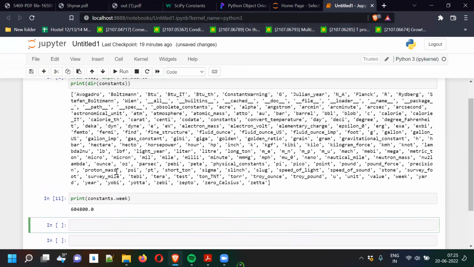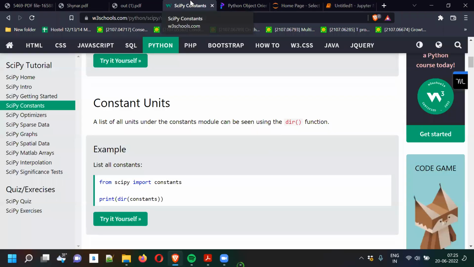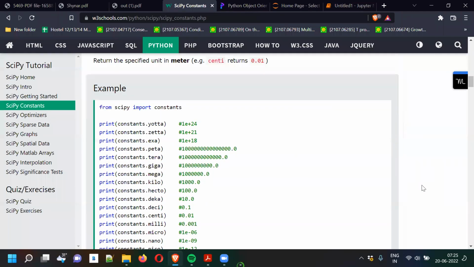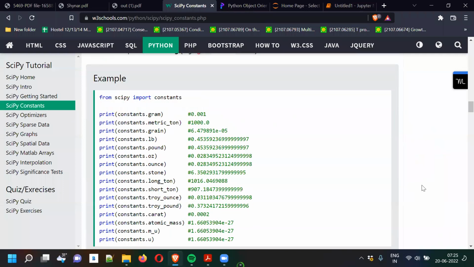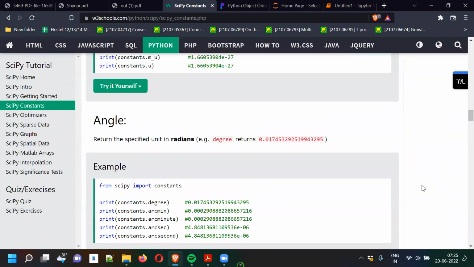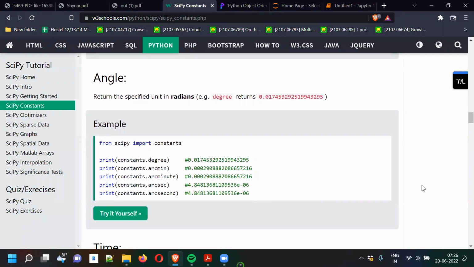So that's how you use constants in SciPy. So let's go back. That's all about SciPy that I want you to know. There are many other details here, but not very important. What is important for us is that these constants are much more than what are available in NumPy. NumPy usually has only mathematical constants, but SciPy has mathematical and scientific constants.